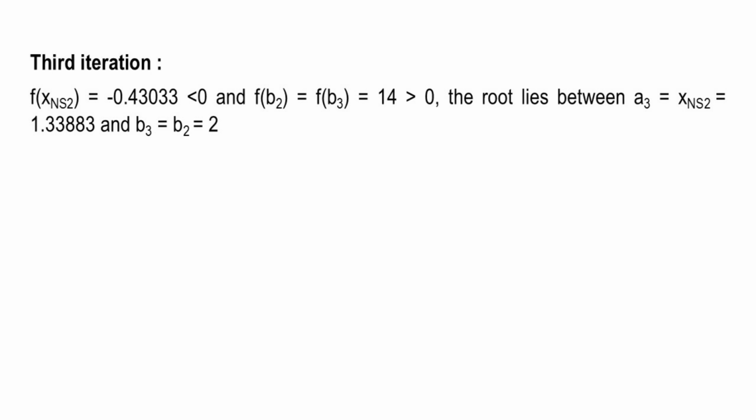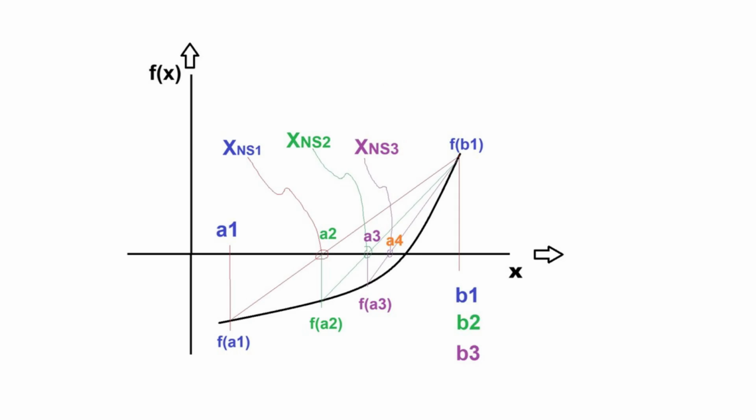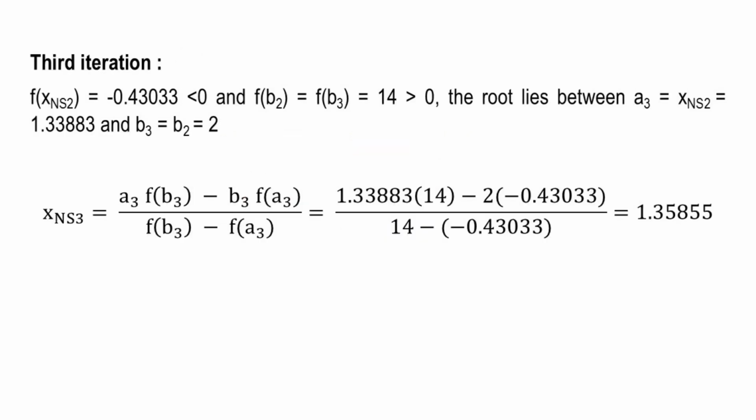So now the root lies between a sub 3, which is equal to x sub ns2, 1.33883, and b sub 3, which is equal to b sub 2, which is 2. We can now compute the value of x sub ns3: 1.33883 multiplied by 14 minus 2 times minus 0.43003, all over 14 minus minus 0.43003.